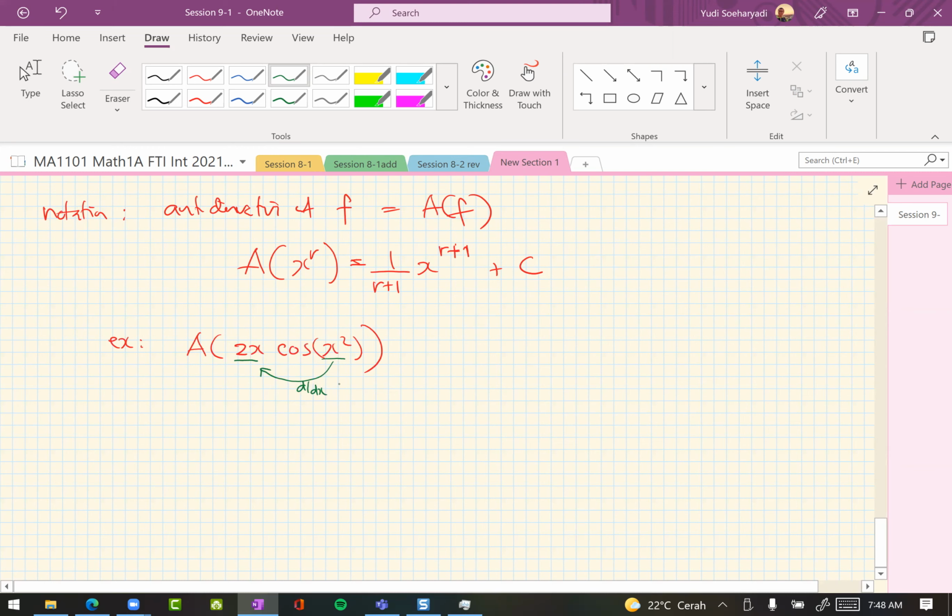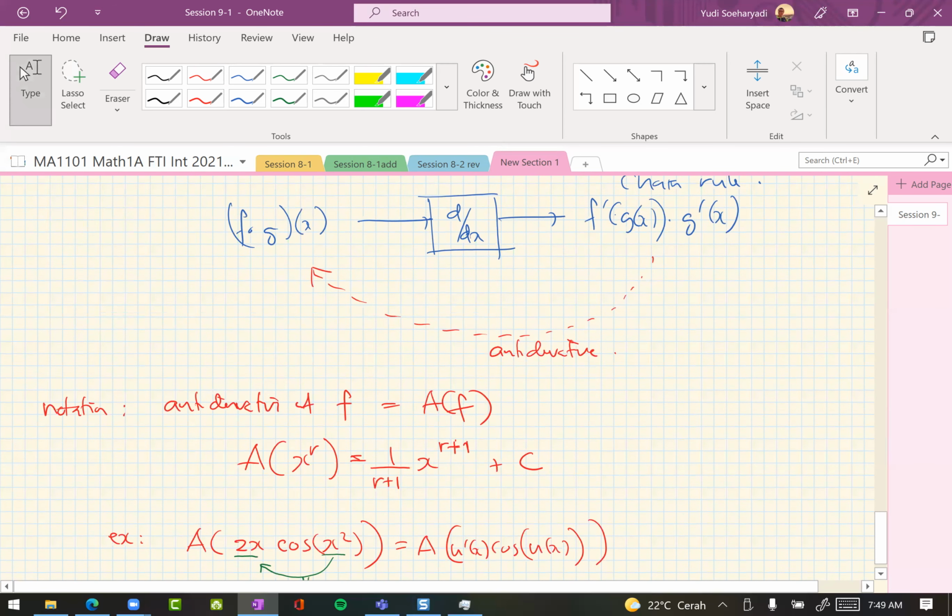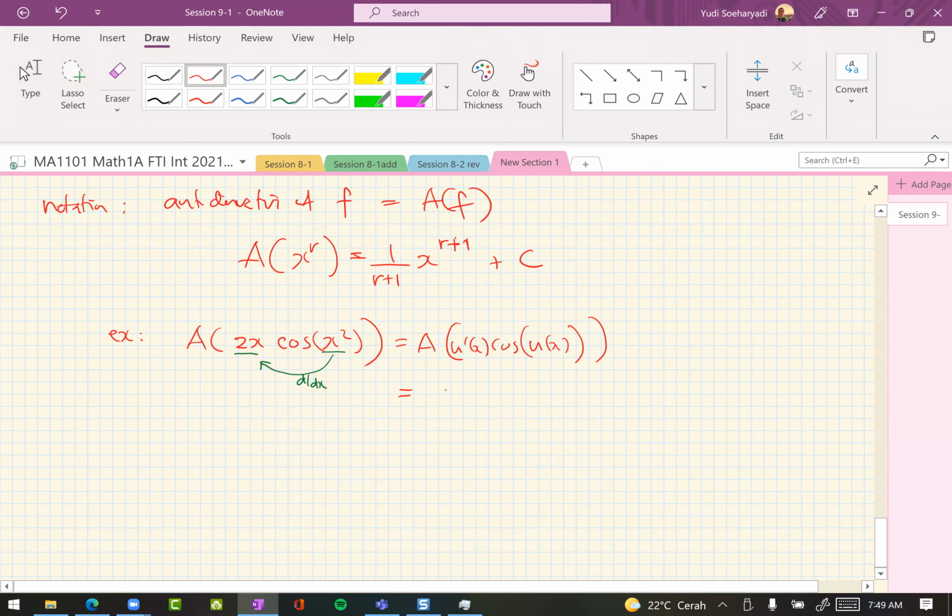So this is actually cosine of, say this is u, and this 2x is just u prime. So this is the form of u prime cosine u.